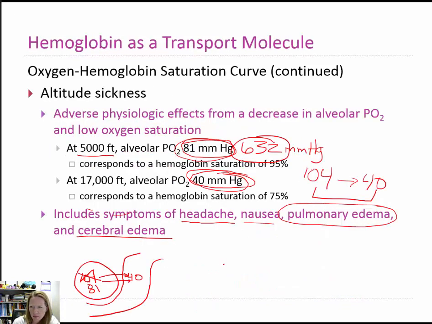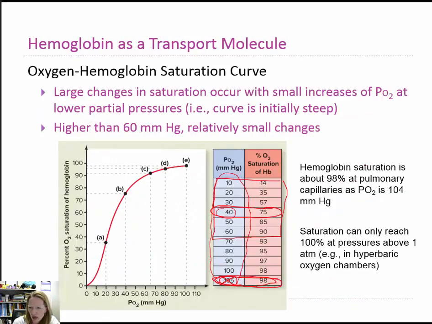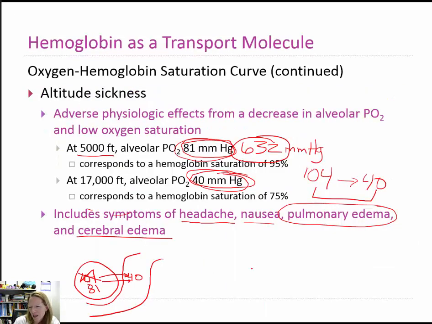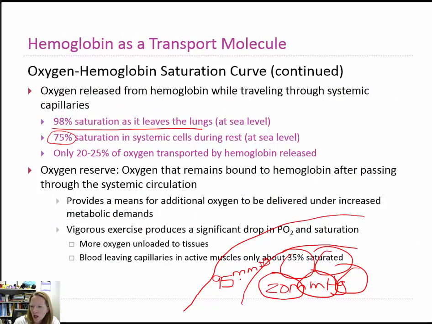Remember, it drops. I know you're saying, Ms. Watson, you're crazy, look, it's at 105. But remember, we talked about in the last section how by the time it gets to the systemic circulation, it's dropped to about 95, 96 millimeters of mercury, which is not bad because you're still about 97.5% saturated. But that's going to cause more oxygen to be released from the hemoglobin than normal, because remember, pressure gradient is the key.